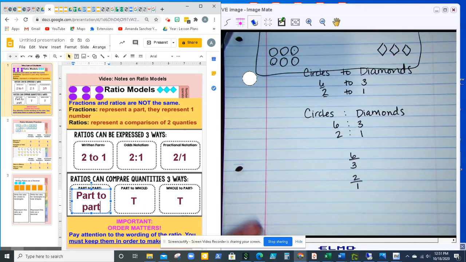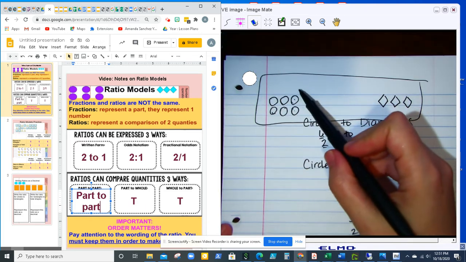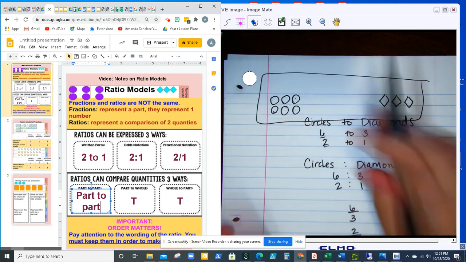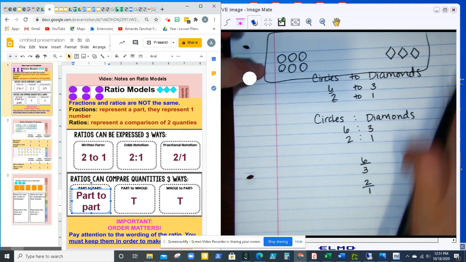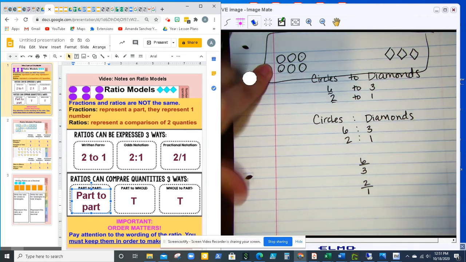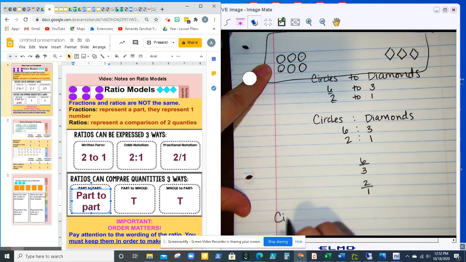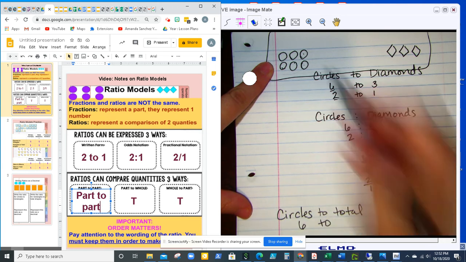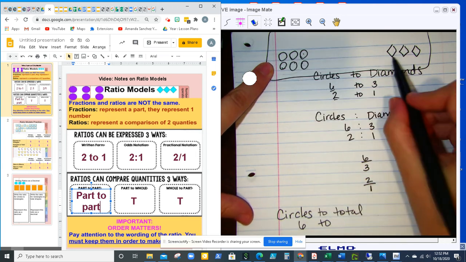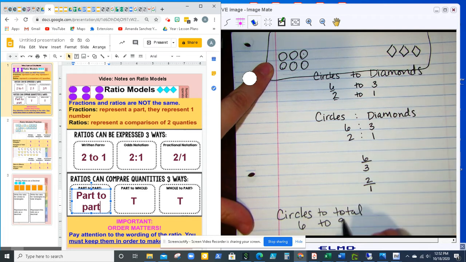Now, a part to whole ratio would be when you're comparing circles to total shapes or diamonds to total shapes. If I wanted to compare the circles to everything, I would have circles to total or circles to whole. So there are 6 circles, and if I have another 3, 6 plus 3 is 9.